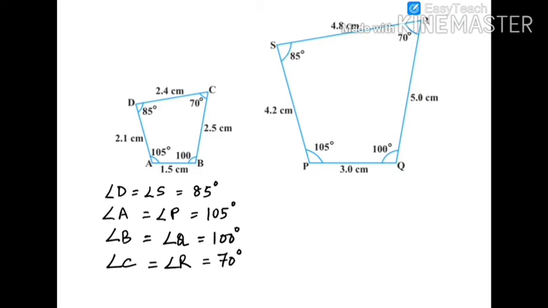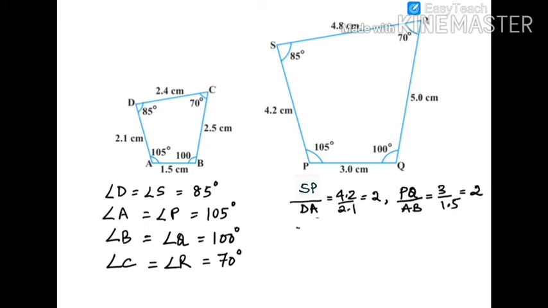Now let's find the ratio of their sides. So SP upon DA is 4.2 upon 2.1, which is equal to 2. Similarly, PQ upon AB is equal to 3 upon 1.5, which is equal to 2.